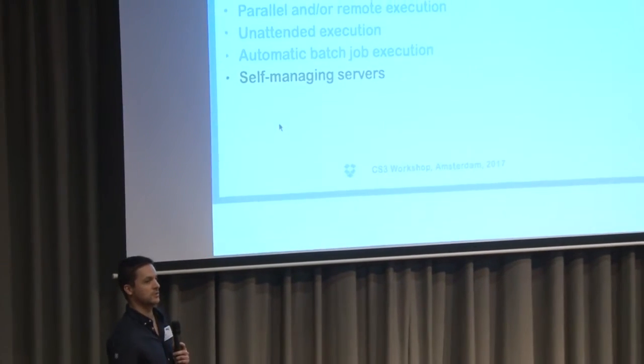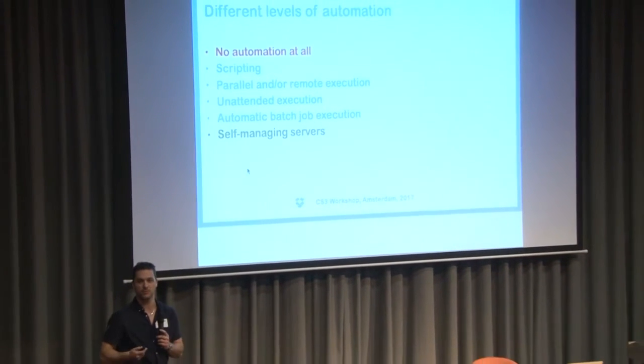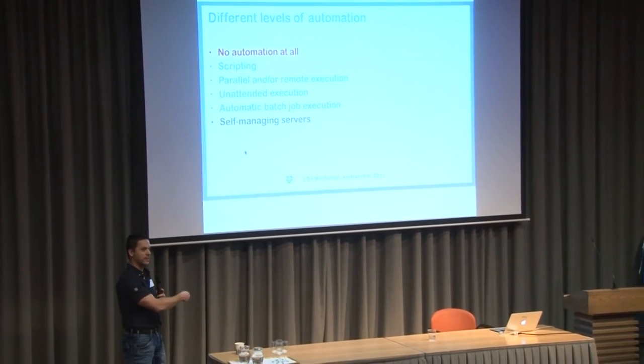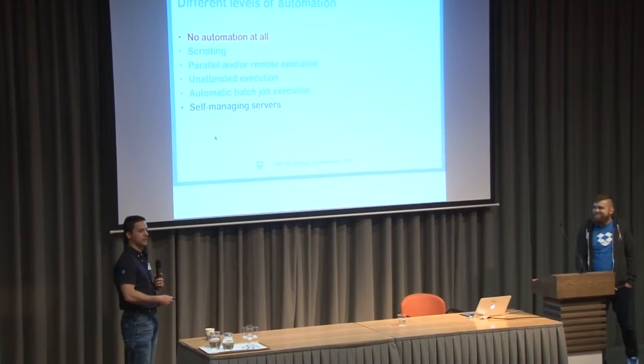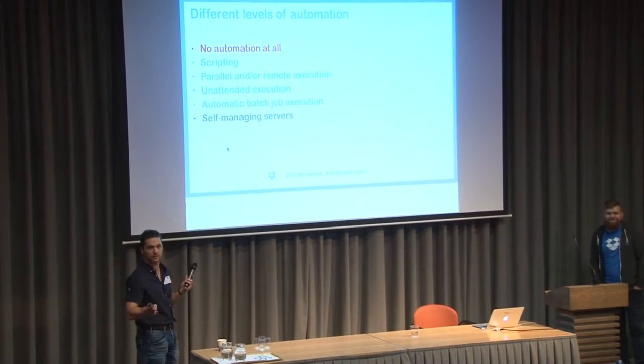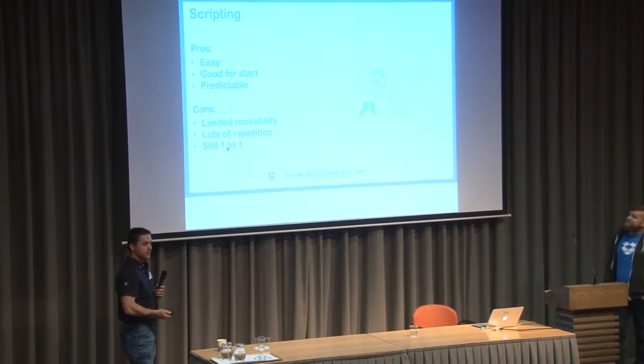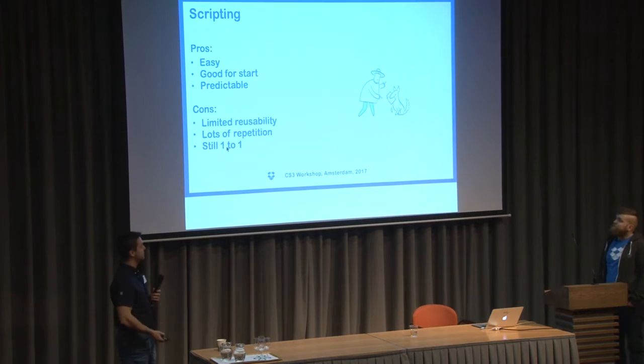The different types or levels of automation, if you wish, start with scripting, but then you build up from there. And where we want to be is self-managing servers, because we don't like to work. We just like to have servers doing the work for us, and we get the paycheck. Everybody's happy. So how do we get there?